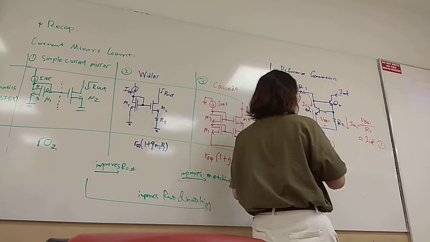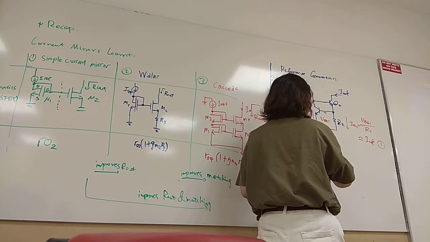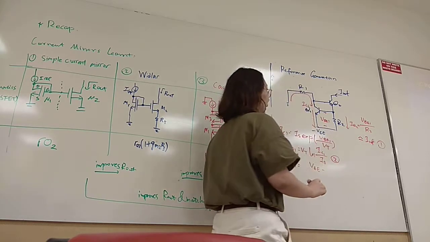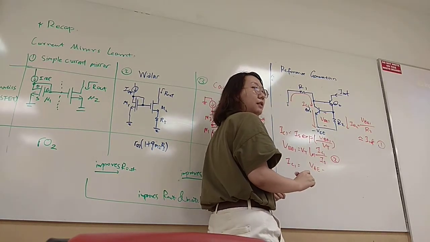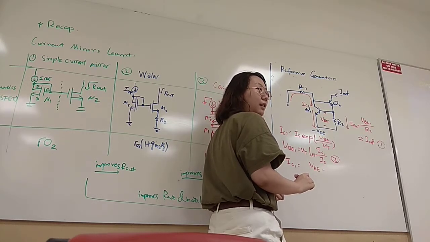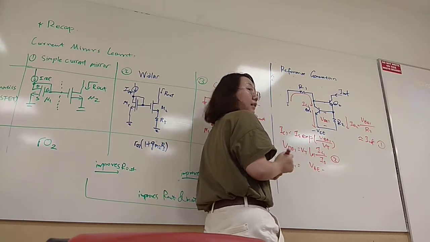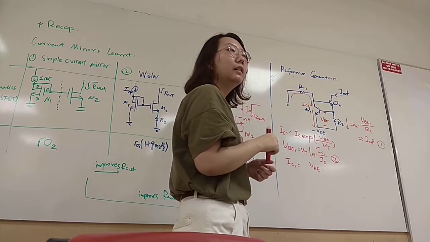VEE minus the voltage across the transistor. What's the voltage across the transistor? VBE.